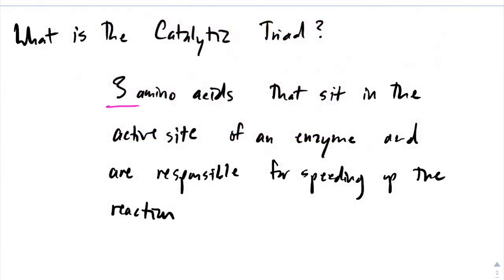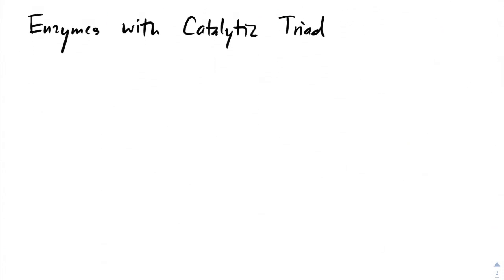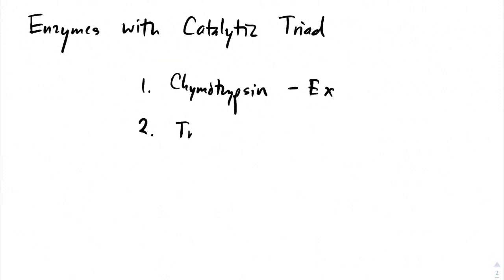So, of course, 3 lends itself to the triad and catalysis because it speeds up the reaction. Some enzymes with the catalytic triad, of course, there's more than one. So, you have chymotrypsin, which we'll be covering in today's video as our example. Another one is trypsin. And a third one is elastase.